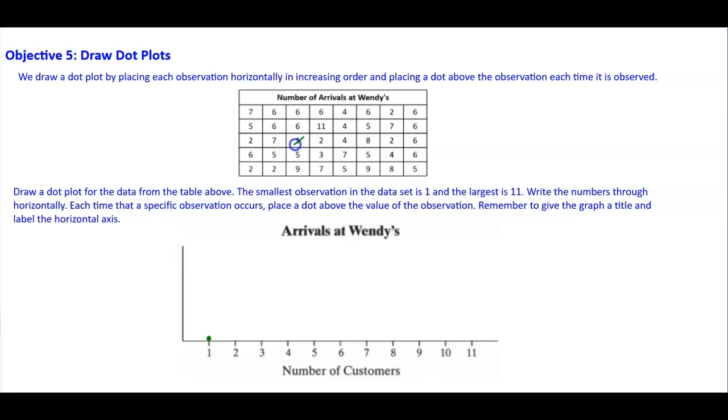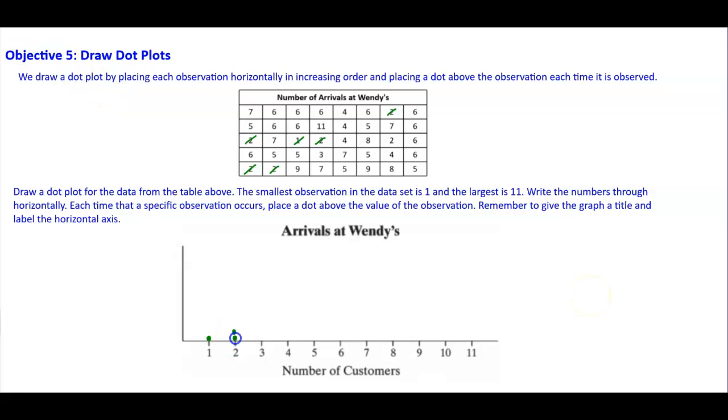And then for 2, we have 1, 2, 3, 4, 5. So we're going to have 5 dots stacked up on each other.